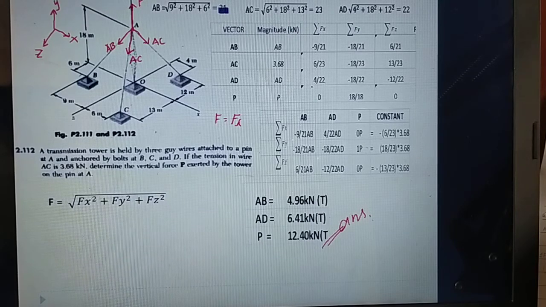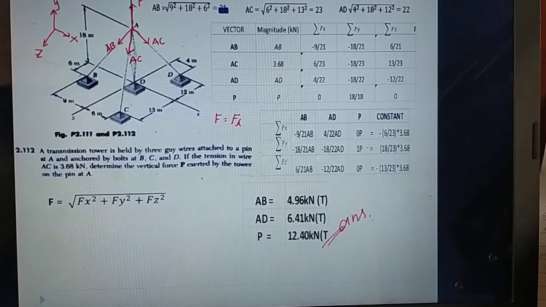So it's negative, so the value of AC, because it has already the magnitude at 3.68, so later we can find out that the AB is 4.96 and AD is 6.41. So when you enter it in the calculator, this is the constant.